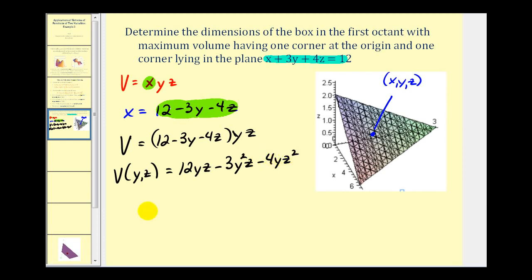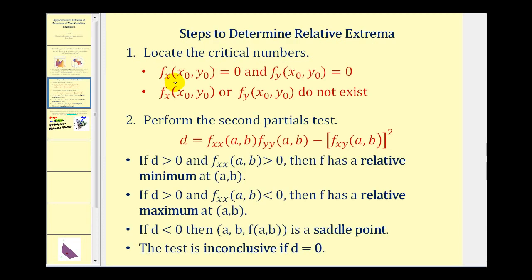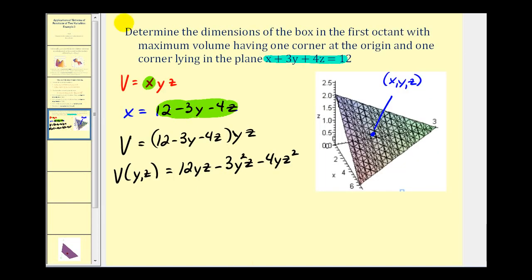Now in order to find the critical points for this function, we'll determine where both first partial derivatives are equal to 0 or undefined, and then we'll perform the second partials test to determine if we have a relative max, min, or neither. So let's go ahead and find the first order partial derivatives. So the partial derivative of V with respect to y would be 12z minus 6yz minus 4z squared.